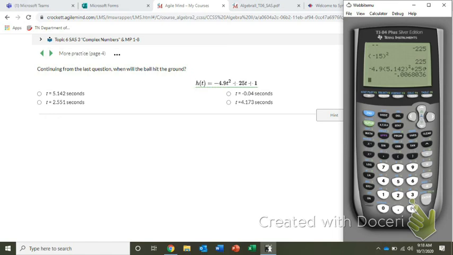No. All right, so let's try 4.9. $1.99? No. $32. This last one ain't near then.